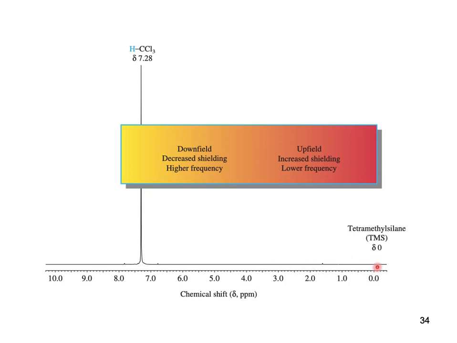As we move from right to left in the NMR spectrum, the region away from 0 and towards your left is the downfield region, or decreased shielding region, which is called the de-shielded region or high frequency.